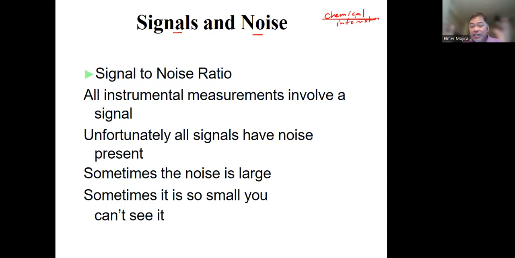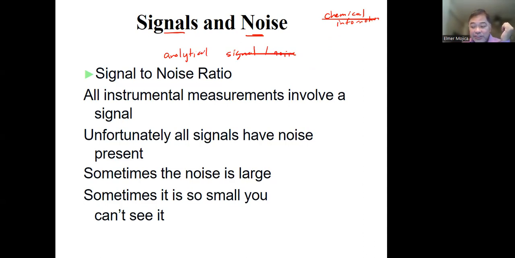O yung sample mo. Kasi kung wala yung sample mo, walang signal na ma-generate, walang noise na makikita. But in some book, they said all analytical data, usually they have this what we call signal, tsaka yung noise. So if we're going to look, all instrument measurements involve a signal.